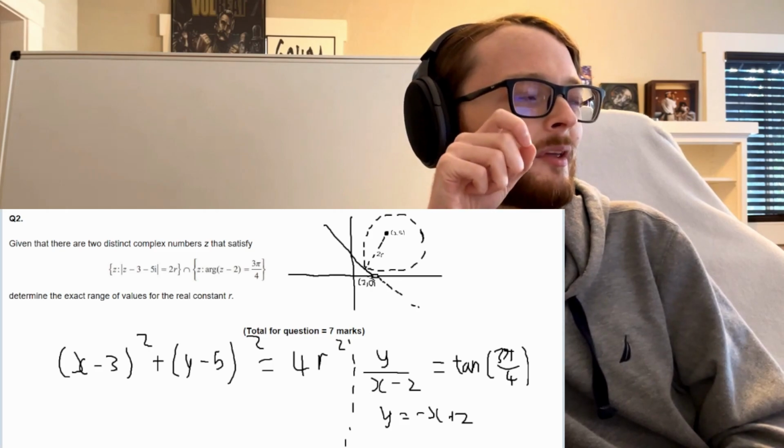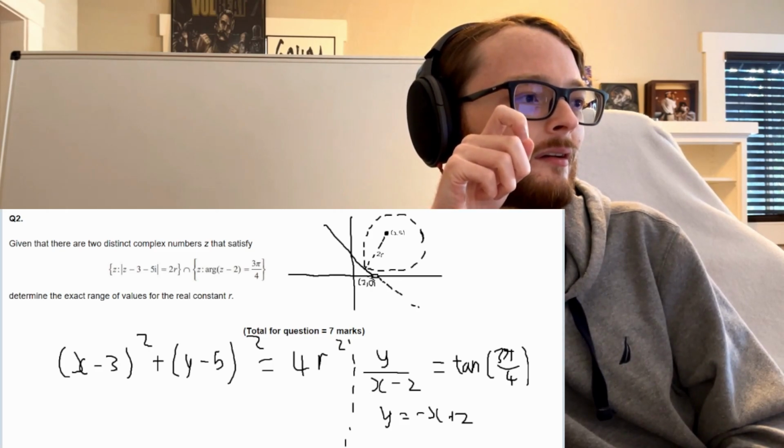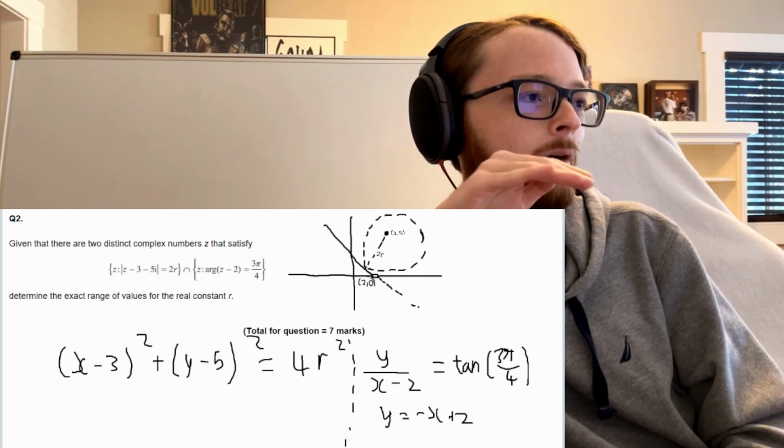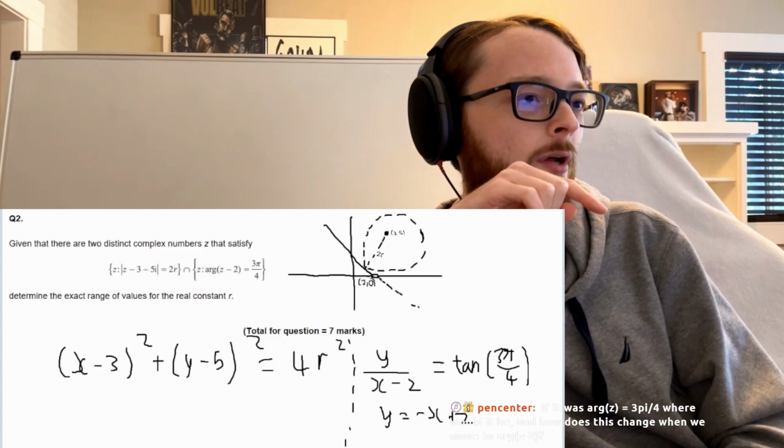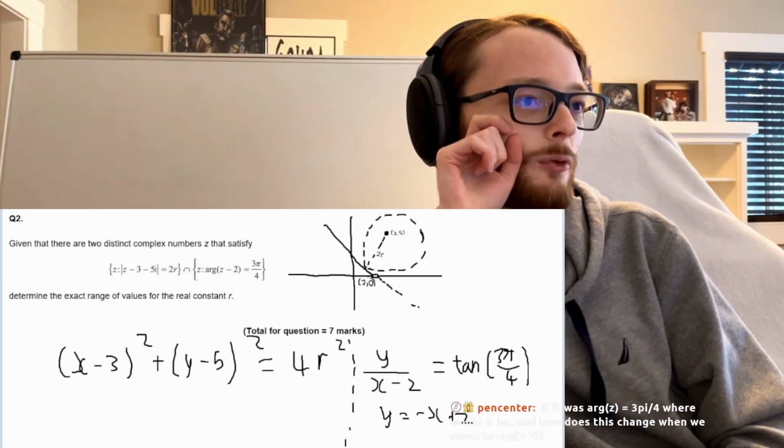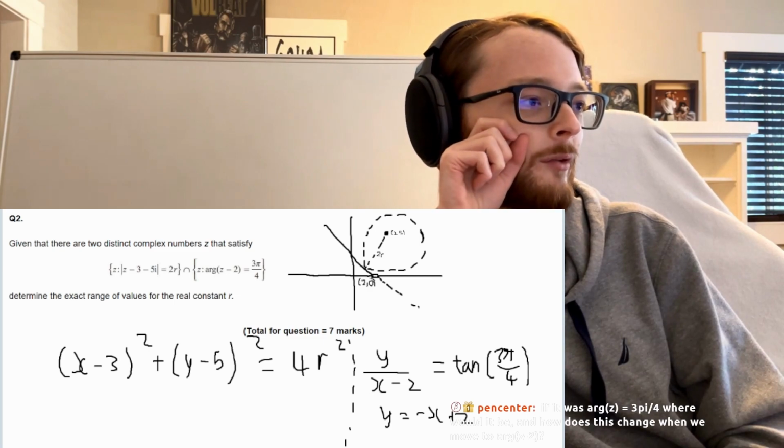So is this going to be an infinitely long line starting from the origin and going out at an angle of 3 pi over 4, or maybe with an offset because of the minus 2.